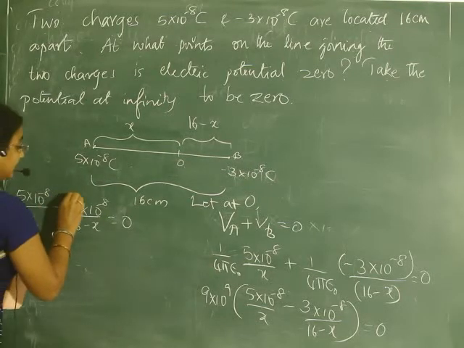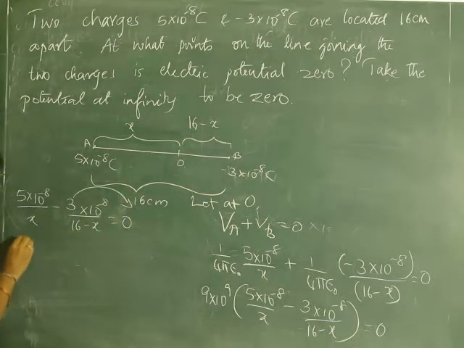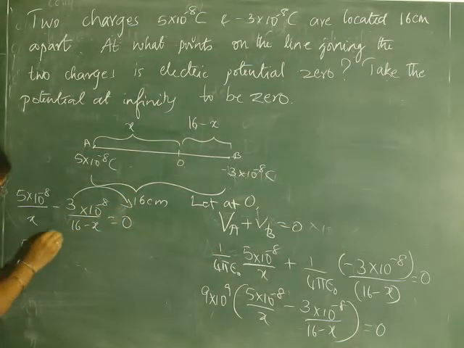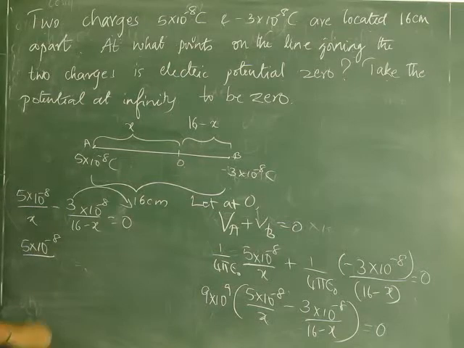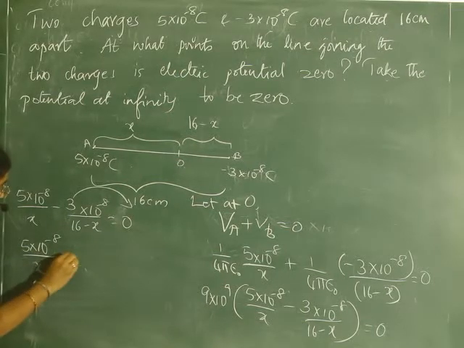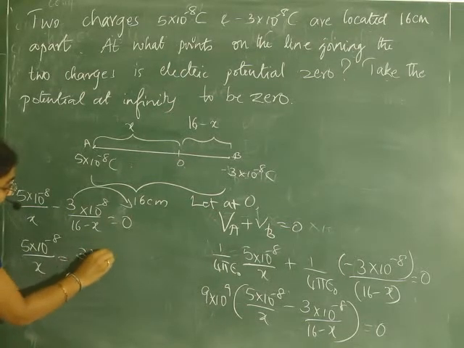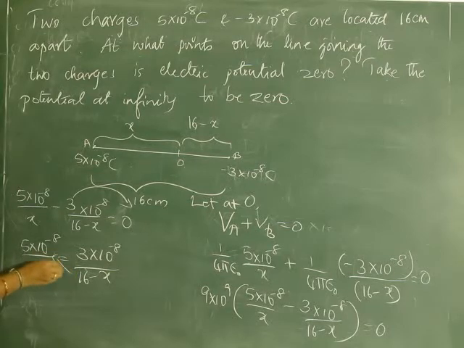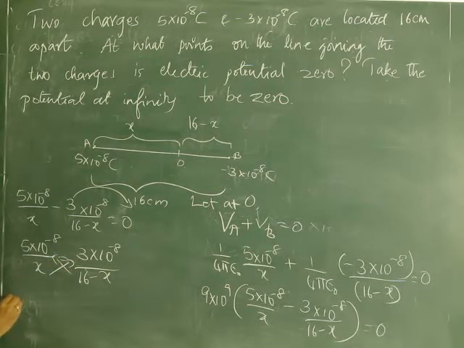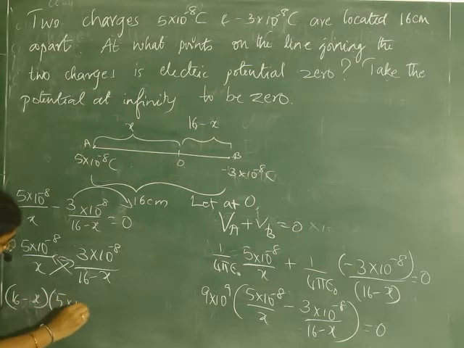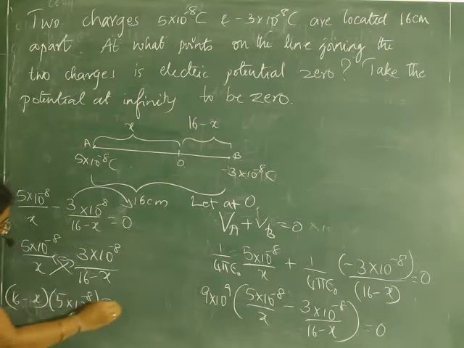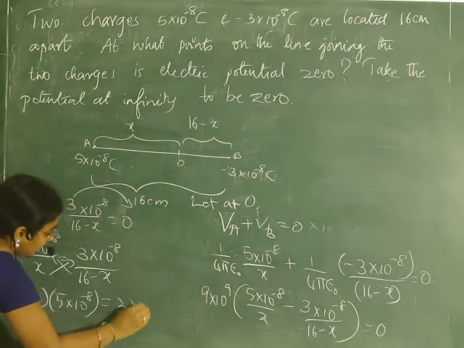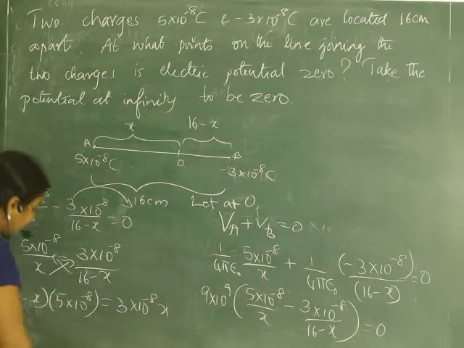Let me take this other side. So we get 5 into 10 to the power minus 8 divided by x is equal to 3 into 10 to the power minus 8 divided by 16 minus x. Cross multiply. So we get 16 minus x into 5 into 10 to the power minus 8 is equal to 3 into 10 to the power minus 8 into x.